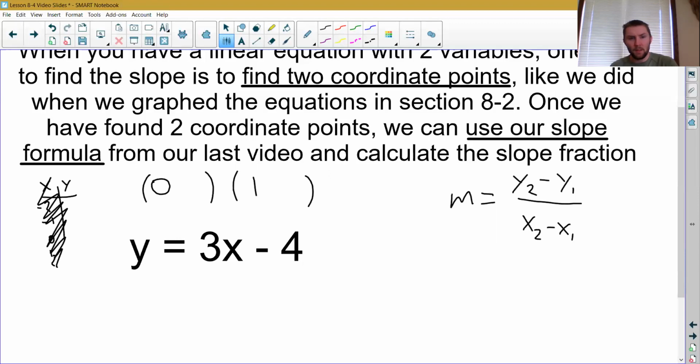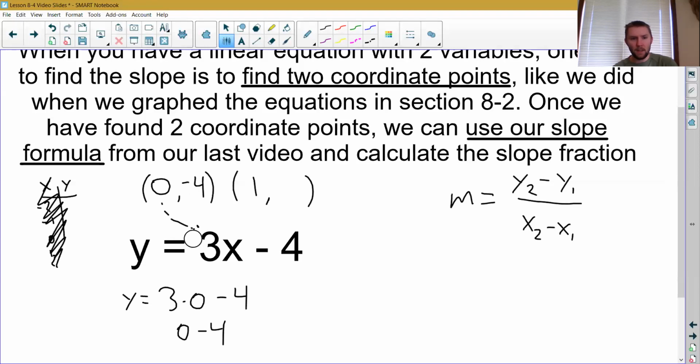So what I do is I find y values then for each of these x values in this particular equation. So if I take the 0 x value and I plug it in to this equation, it becomes y equals 3 times 0 minus 4. 3 times 0, of course, is 0. Minus 4, 0 minus 4 gives me -4.